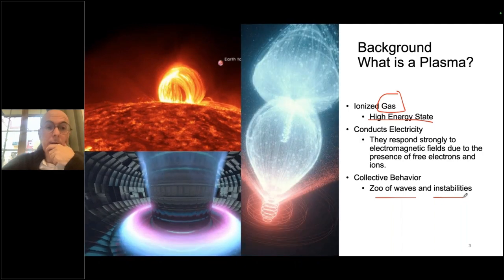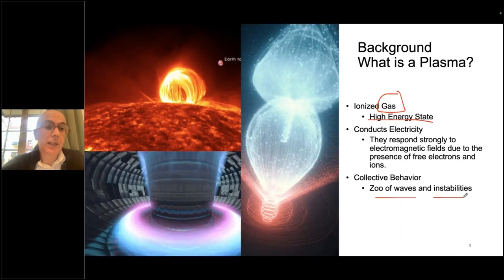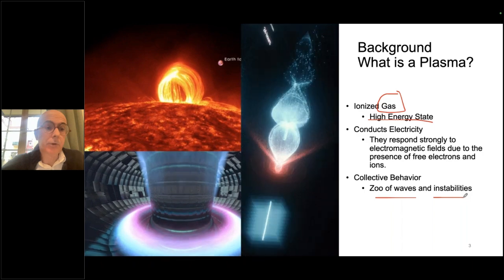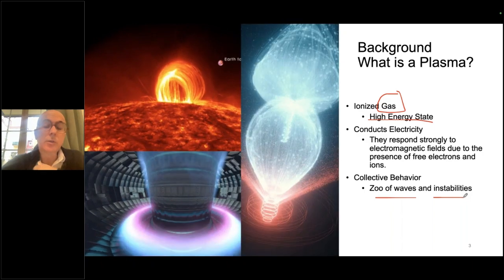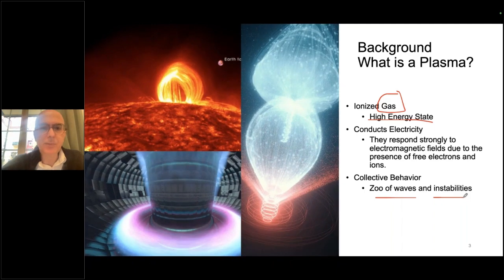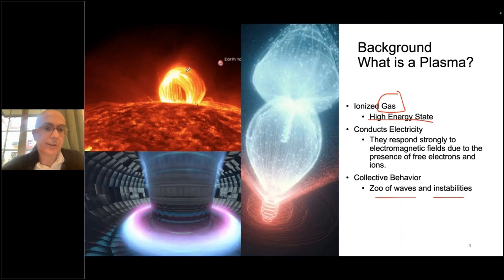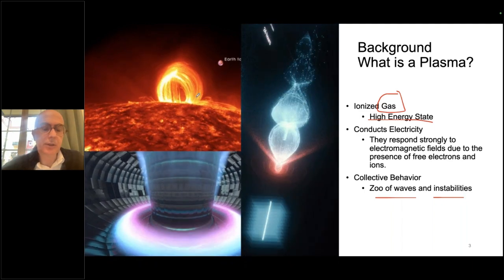So if you've heard the term plasma for the first time, what you need to know is that plasma is considered the fourth state of matter of the universe, and is basically omnipresent in the universe itself. The sun itself, you see these arches.